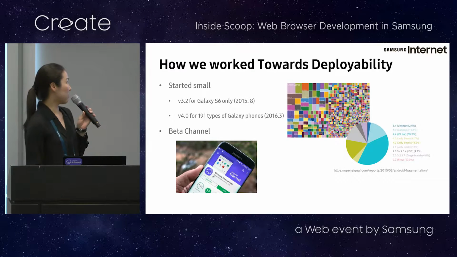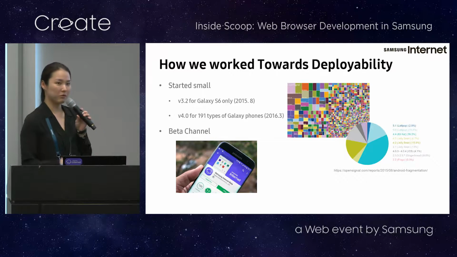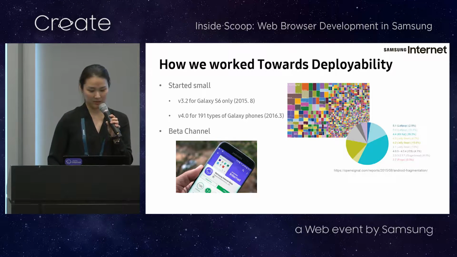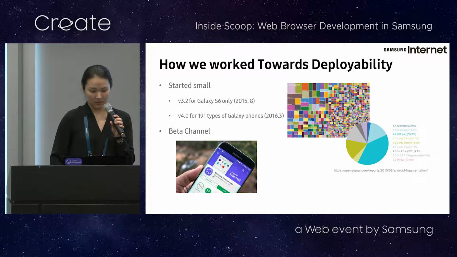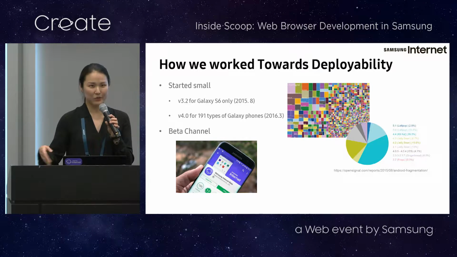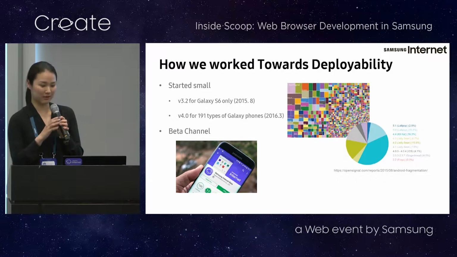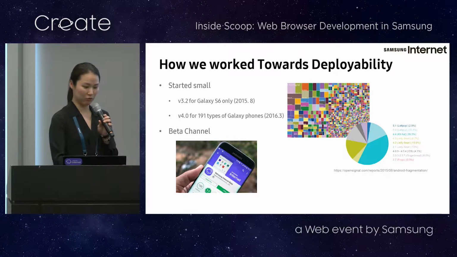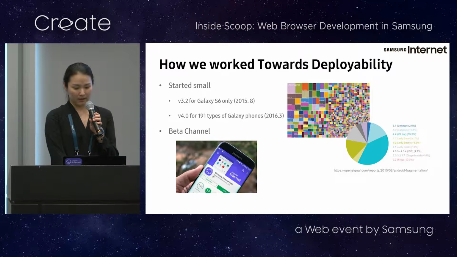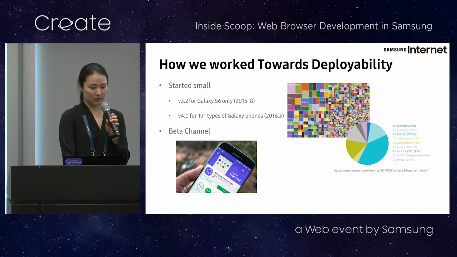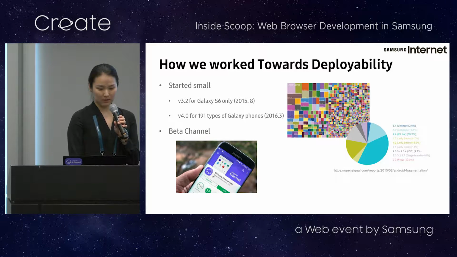So we started small, with just one model, Galaxy S6, in 2015. That seemed to go okay, since it's just one, and it wasn't that old a device. And then the next time, we expanded to 191 types of Galaxy phones.